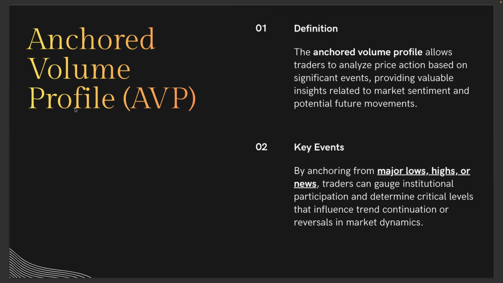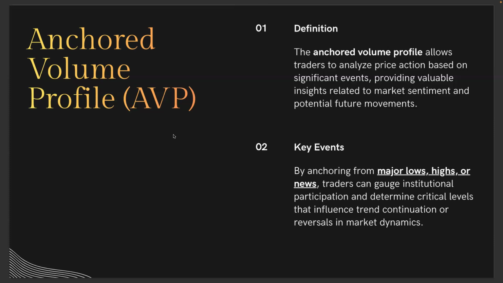But this anchored one, you can anchor it once and then you don't have to worry about adjusting it. The only thing you have to pay attention to is that when the month is over, you should anchor it again on a new month or a new week, or however you use it, right?